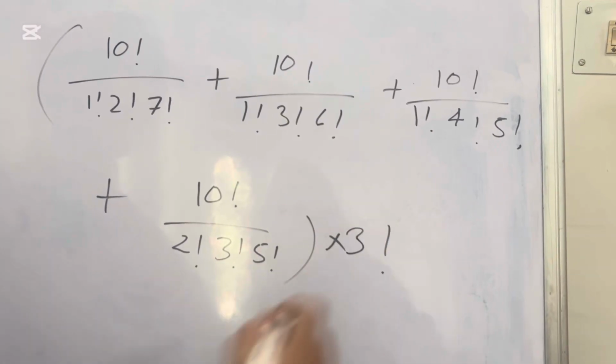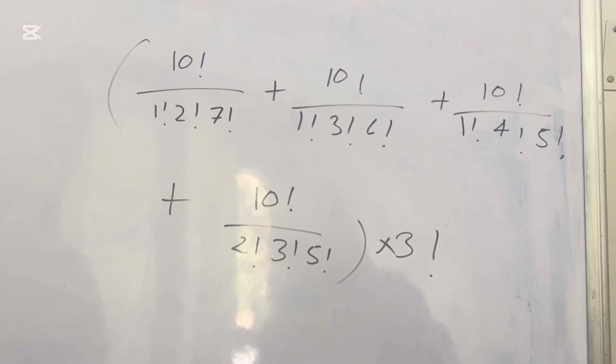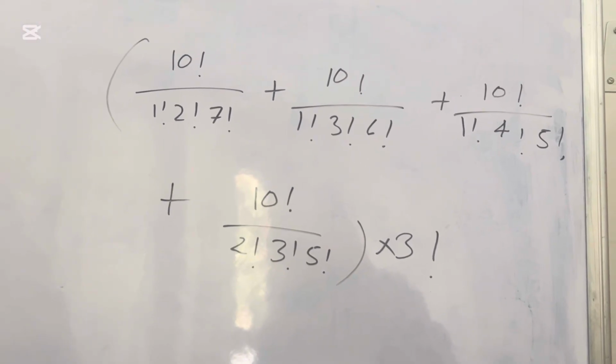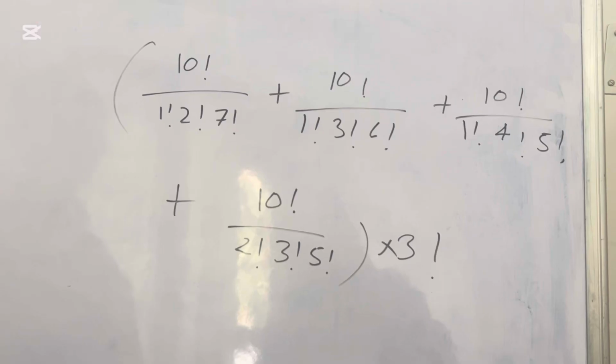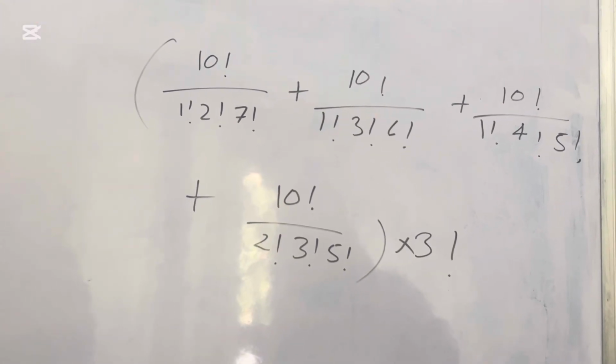We do this because in each case we have 3 factorial ways of assigning the variables A, B, C to the 3 children. So what we are doing here is corresponding the letters to the ownership.